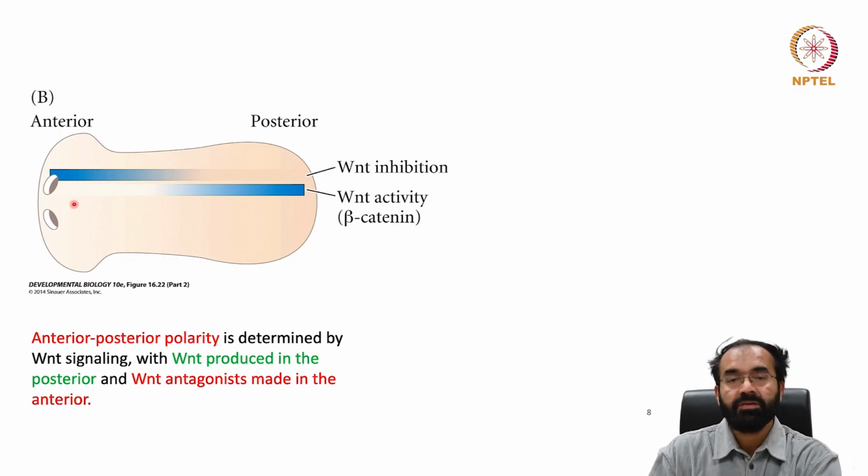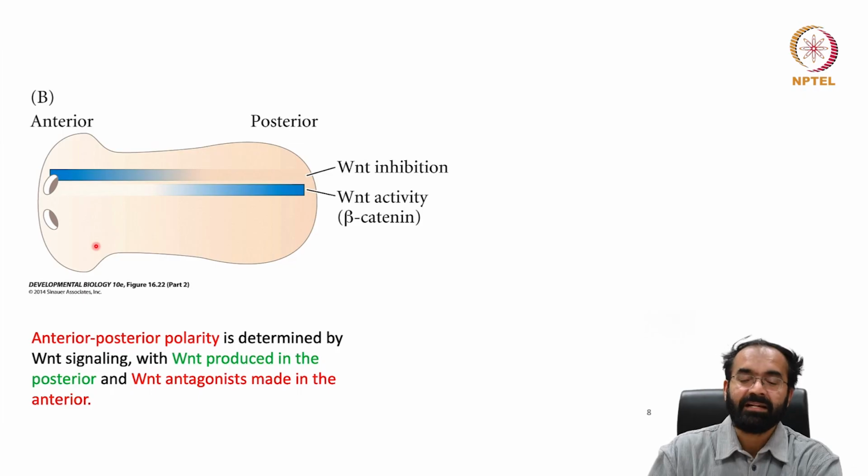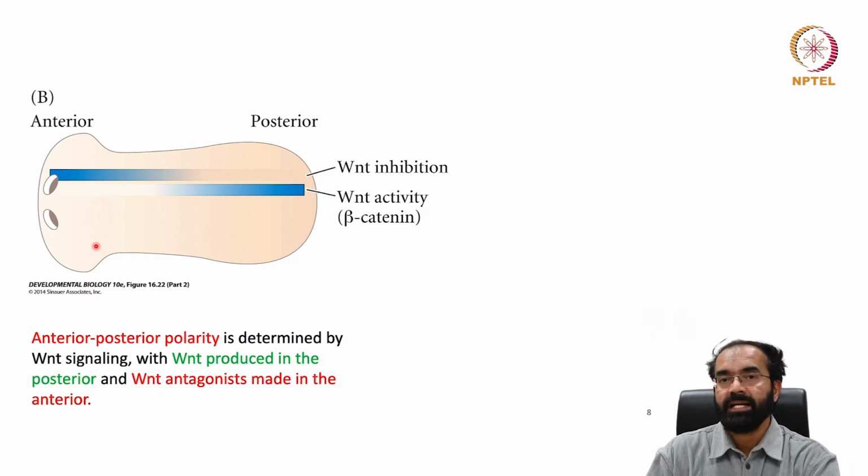So that is good enough for getting a head region. Wnt antagonists are produced super abundantly in the anterior region, so that even if there are traces of Wnt signaling, Wnt ligands, or stabilization of beta-catenin in the anterior end, that is non-welcome. That shouldn't happen. So that is the logic of maintaining the anterior-posterior axis.